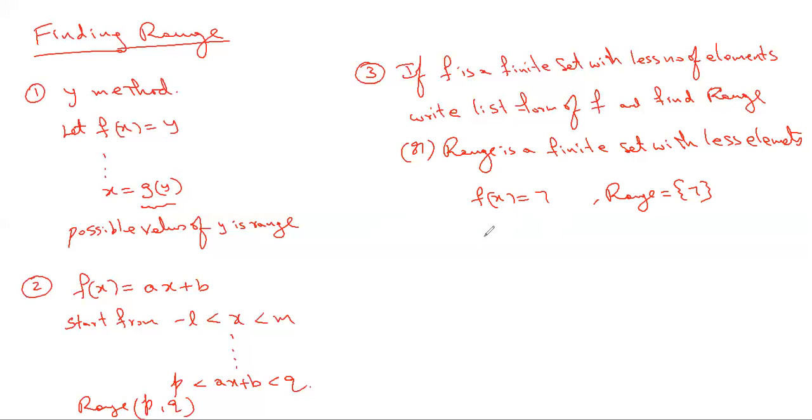Another example: f of x is equal to 2 if x is greater than or equal to 0, and equal to 11 if x is less than 0. That means for all positive numbers the image is 2, and for all negative numbers the image is 11. Then you can directly write the range.